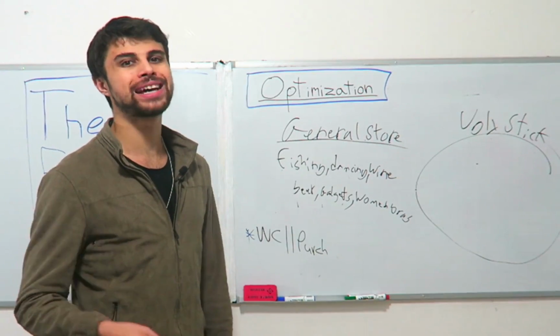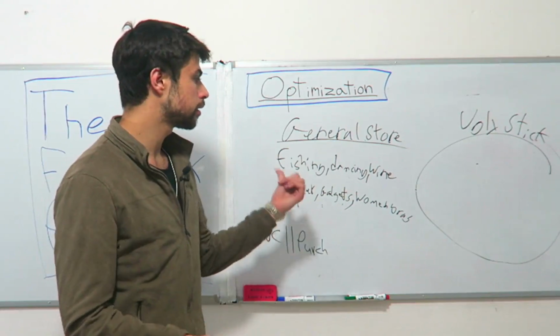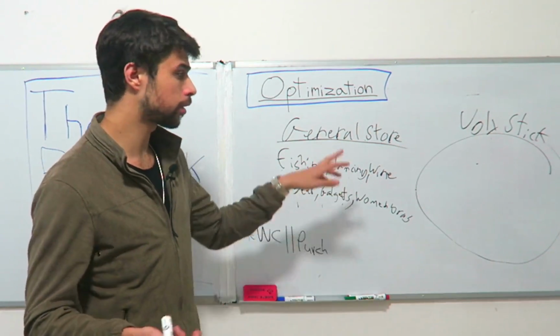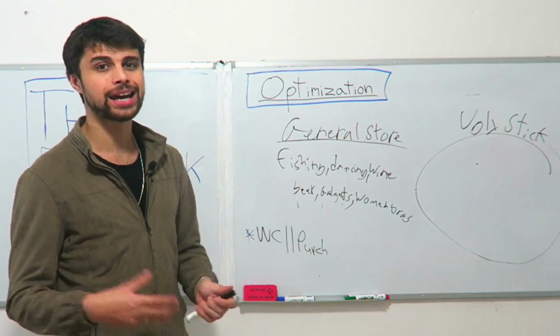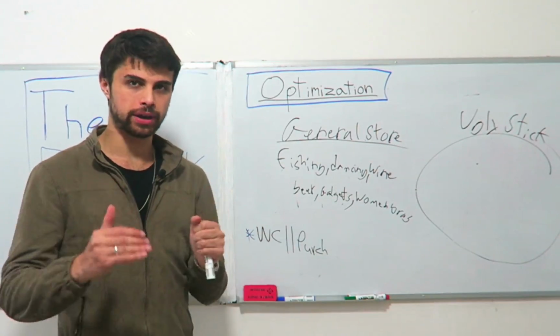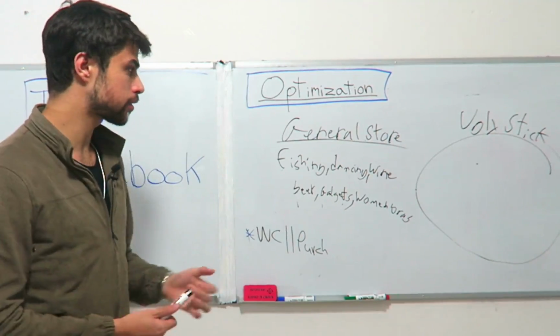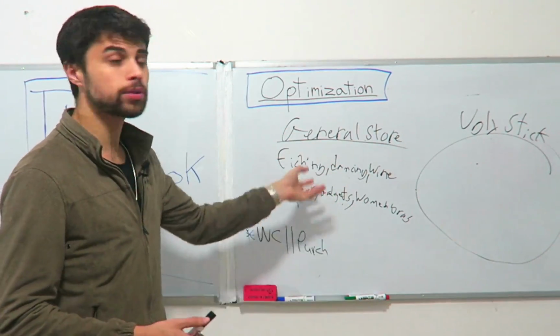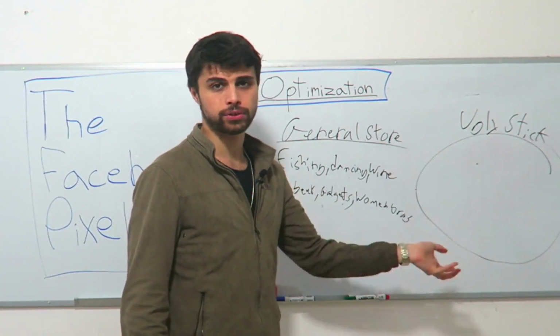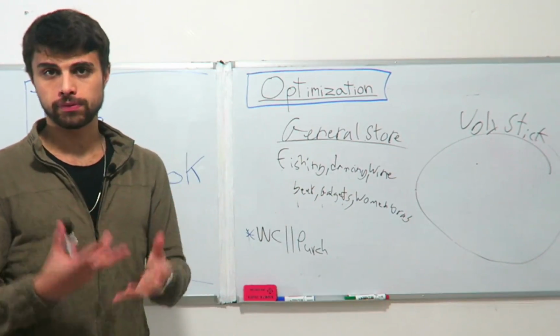It won't optimize as well as it would if you had a fishing store and only targeted fishermen, because it's harder for it to find the patterns. That makes sense, right? It's different people, different behaviors, different demographics. The pattern is going to be very different. It's not going to be as similar as it was before.